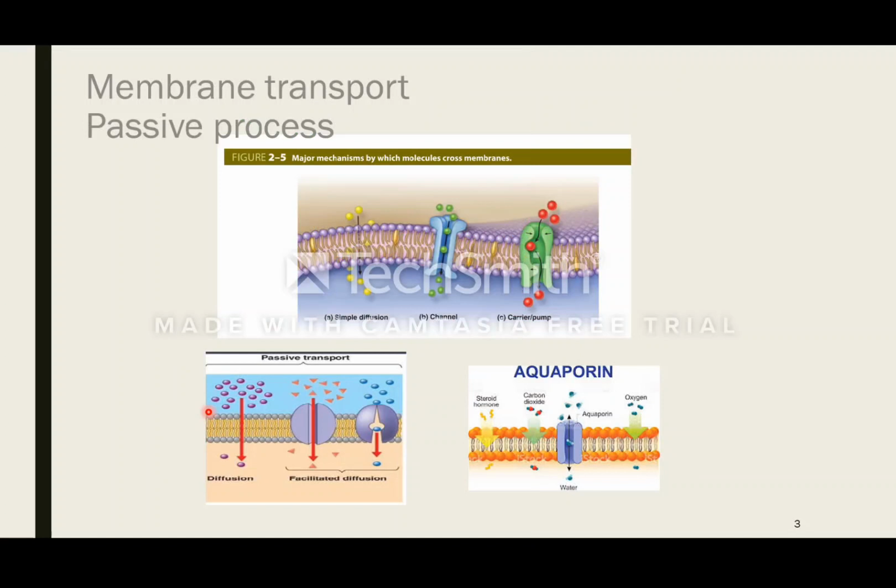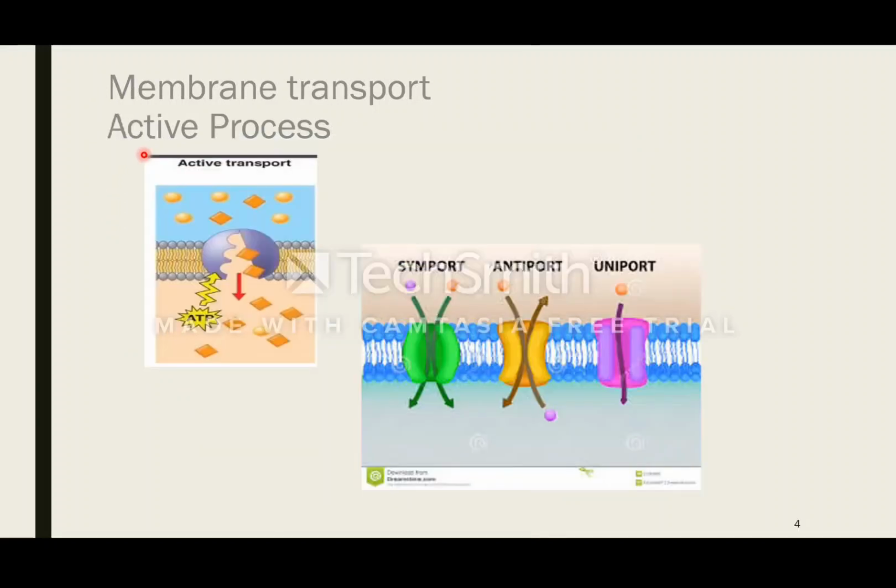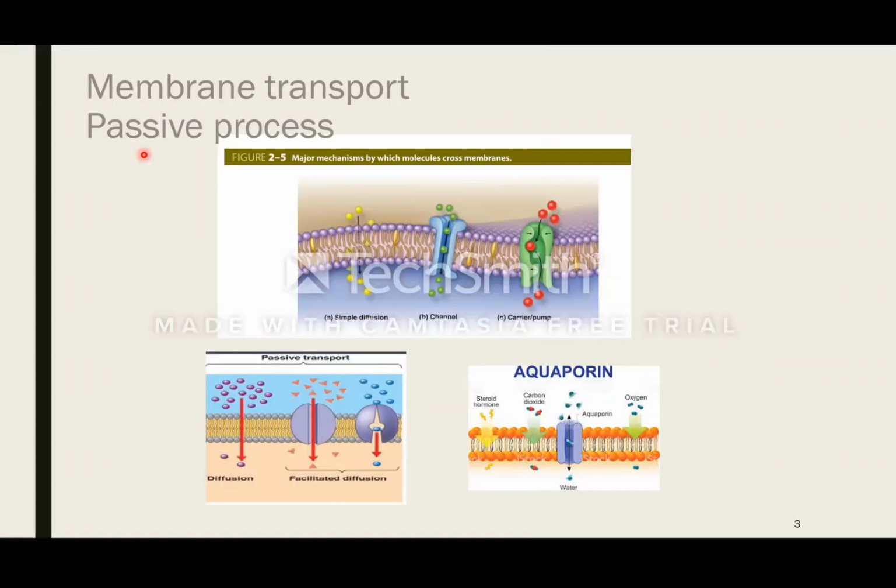Membrane transport is divided into two types: the passive process, on slide number 3, and the active process, on another slide. Passive processes don't need energy, and membrane transport occurs in the cell membrane without the use of ATP.